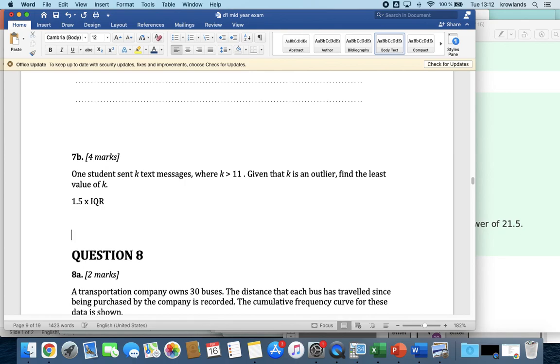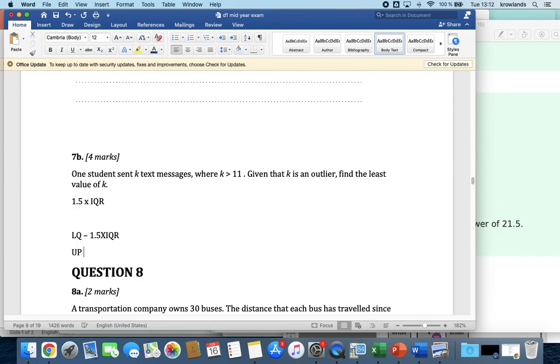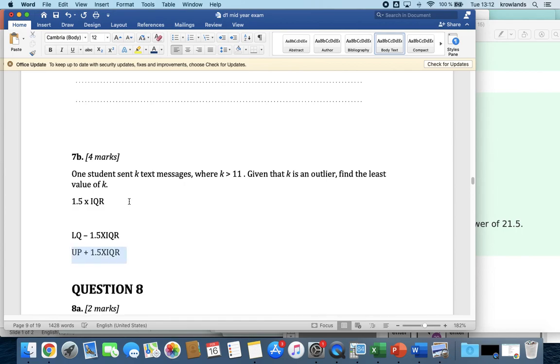That's the key part of it. And then you're going to have two parts of it. You're going to have the lower quartile minus 1.5 times the interquartile range. And then you're going to have the upper quartile plus 1.5 times the interquartile range. I've gone over this on my box plot and outlier video. Please check this out if you want further detail.